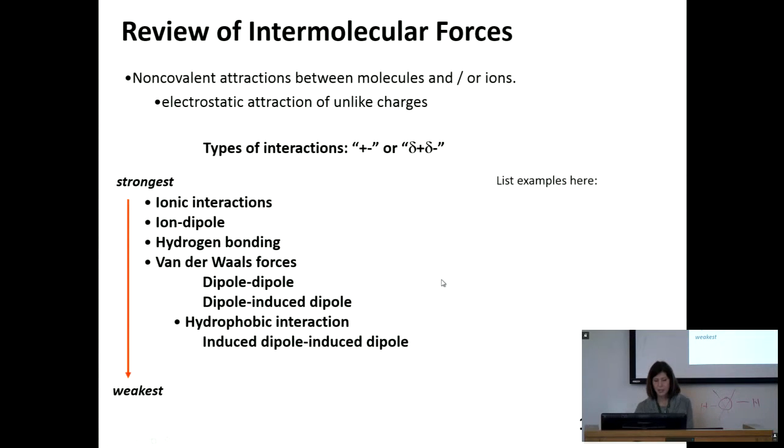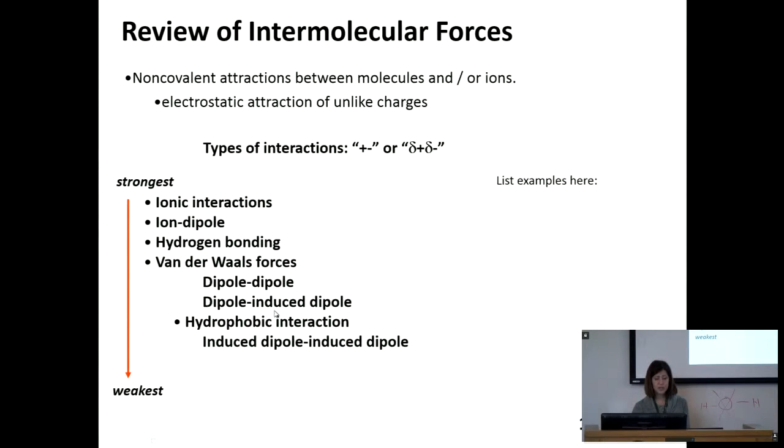So here, an example of ionic interactions would be table salt, right? Or any other salt, KCl. Ion-dipole would be between a salt and water, NaCl and water. Hydrogen bonding, I would say water or any alcohol. Our van der Waals forces, our dipole-dipole would be between maybe our alcohols together or any other dipole.